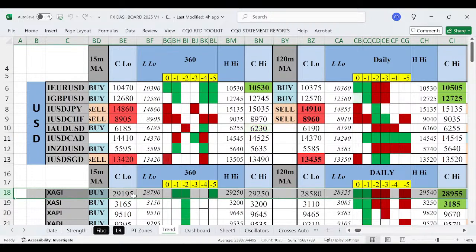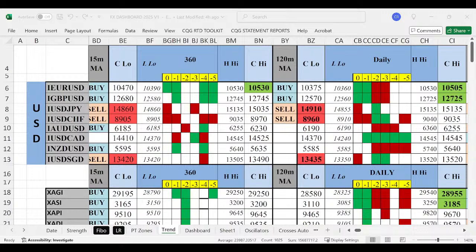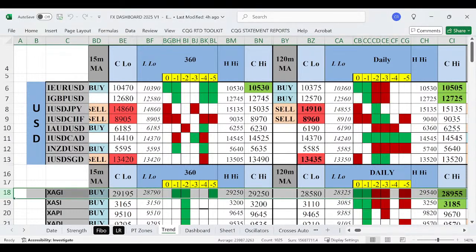Since it's flat on the 360, we will take that range as our immediate range. The range we are looking for is 2919 half and 2925. If 2919 half breaks, price is expected to go lower. If 2925 breaks, price is expected to go higher.